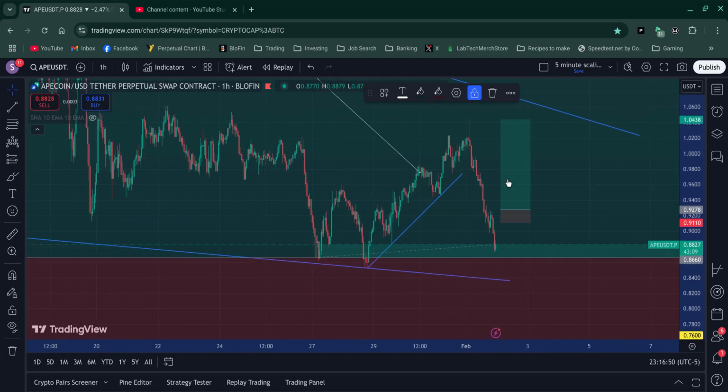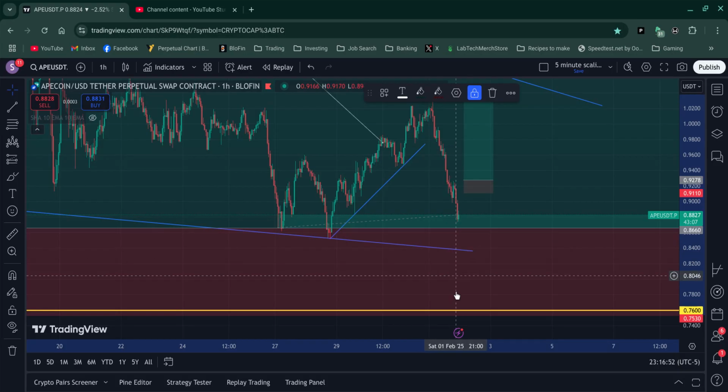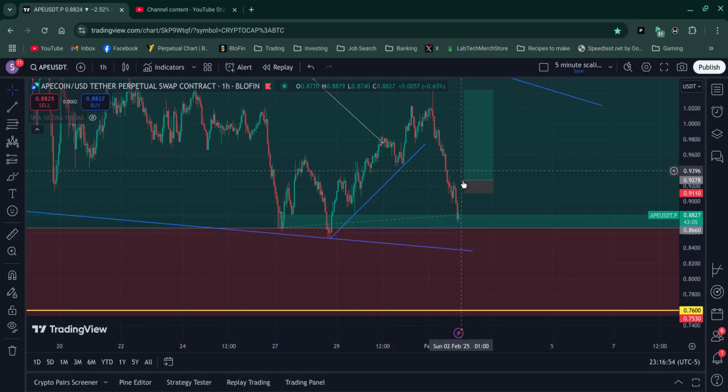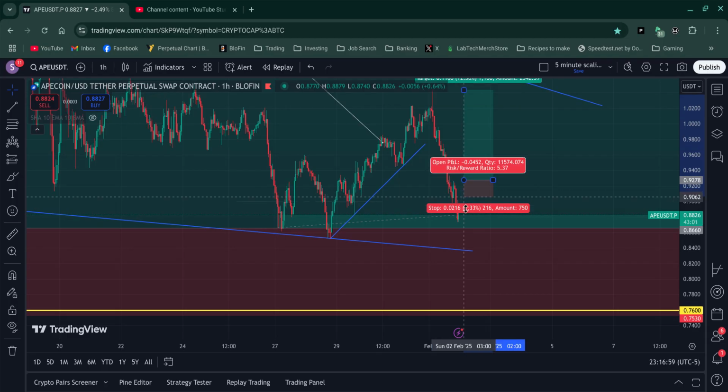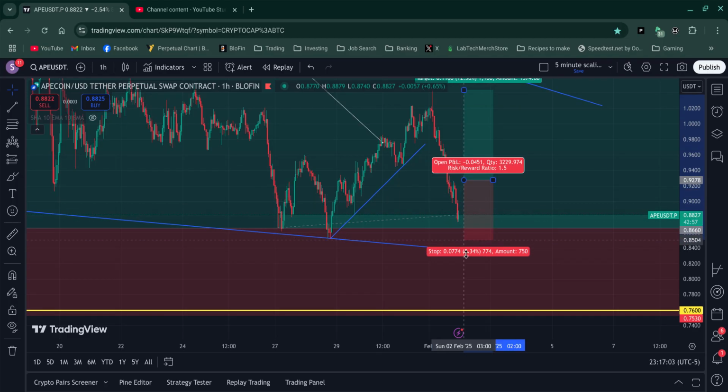Well, if I can get this to, let me select this. Well, really, if it gets down below here, we probably wouldn't want to be in the trade at all. That's pretty far down, though.